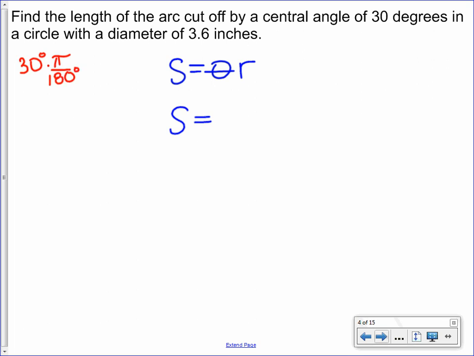We want the degrees to be in the denominator of our fraction, so the degrees cancel. 30 degrees is the same as what? Pi over 6 radians. So our arc length is pi over 6 times, what's our radius? 1.8. So in your calculators, what is pi over 6 times 1.8?